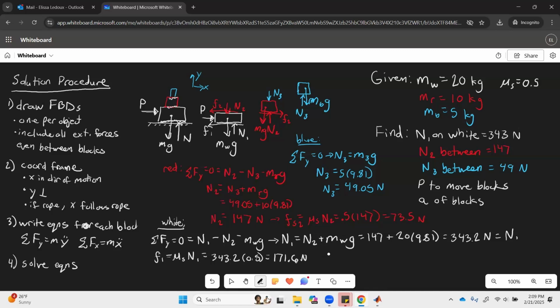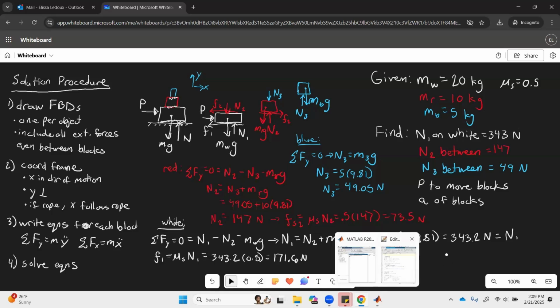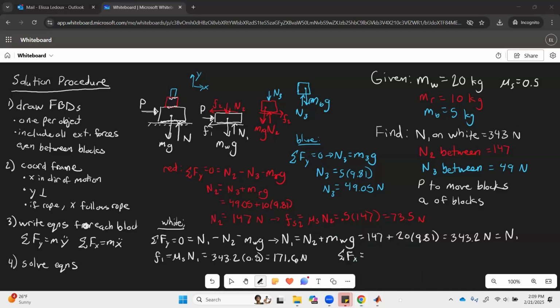So now to see what P is going to make the blocks move, we'll do sum of the forces in X. And sum of the forces in X is mass times acceleration. But here we're trying to find the balance point. What's the minimum P required to make these blocks move? So what barely overcomes static friction? And so we're going to say 0 here because we're going to just barely overcome that static friction.